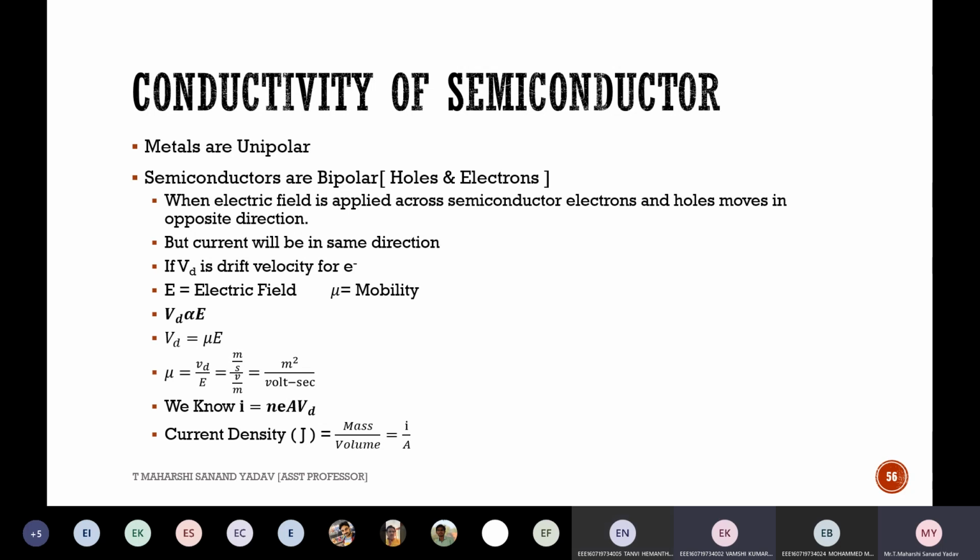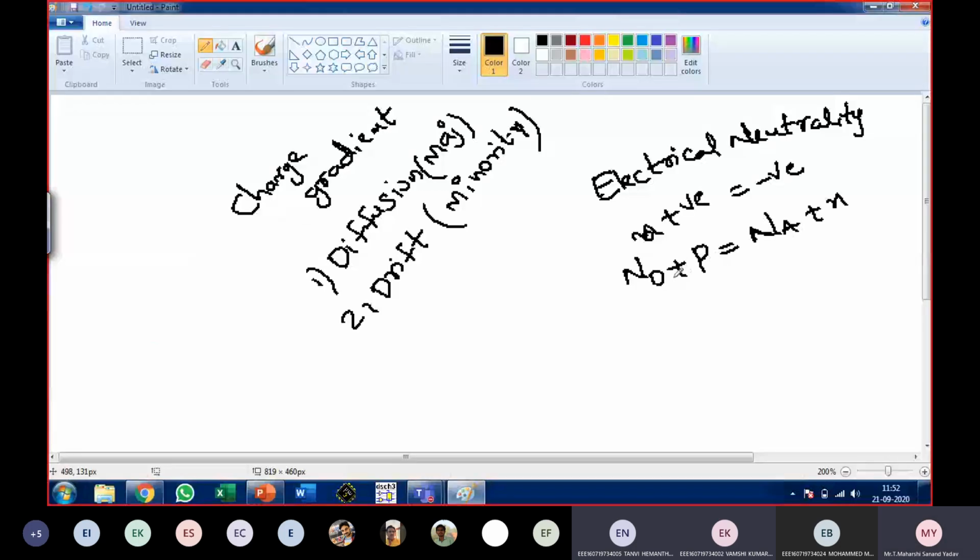What is electrical neutrality? Total positive charge is equal to total negative charge. So ND plus p is equal to NA plus n.